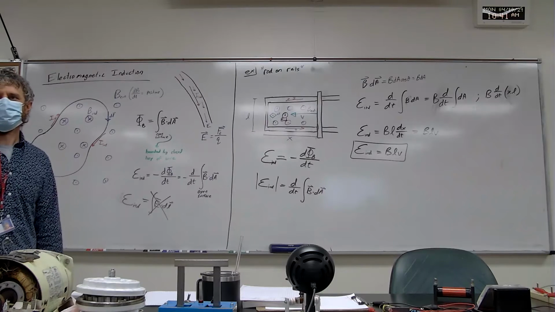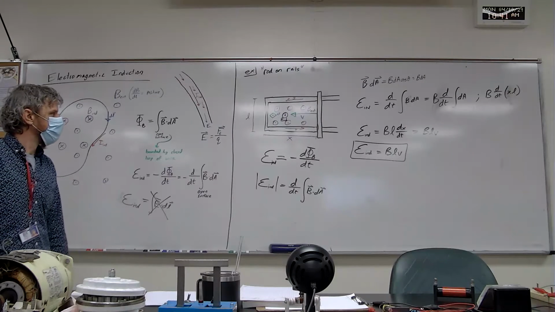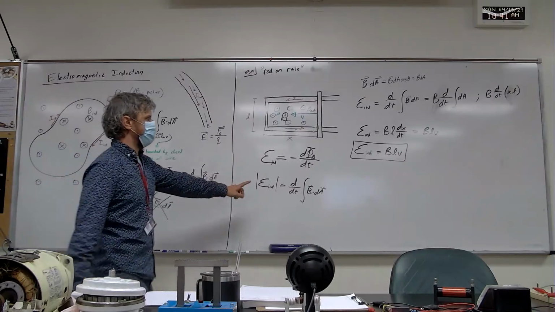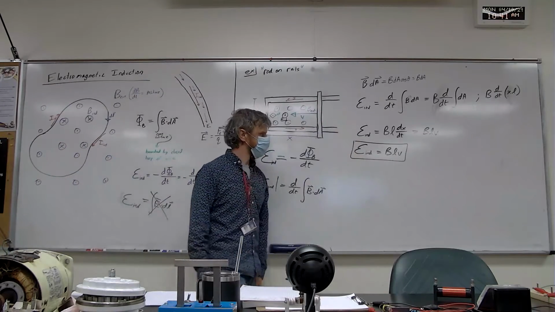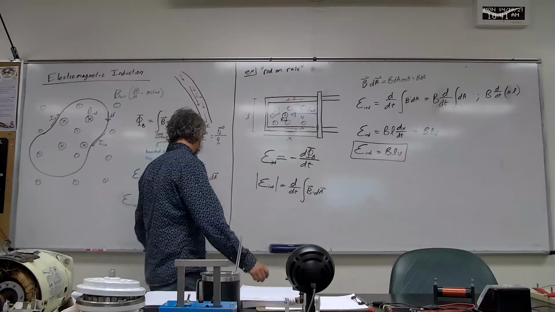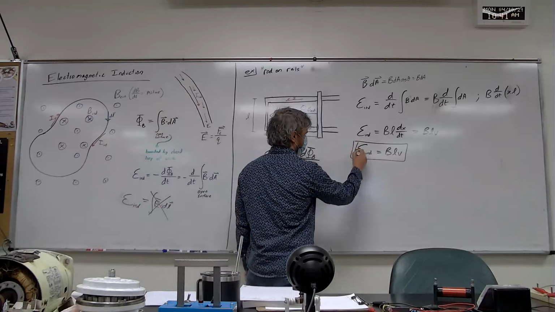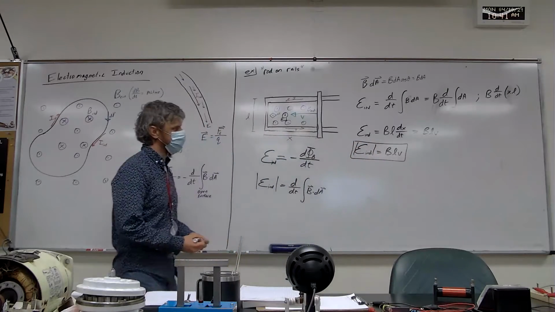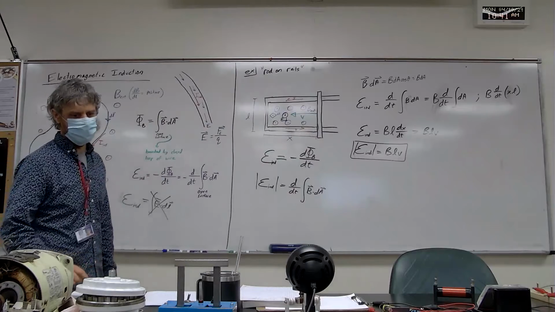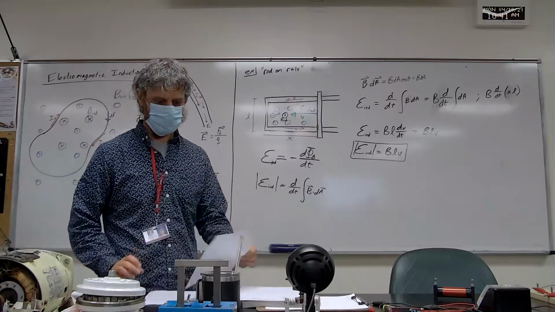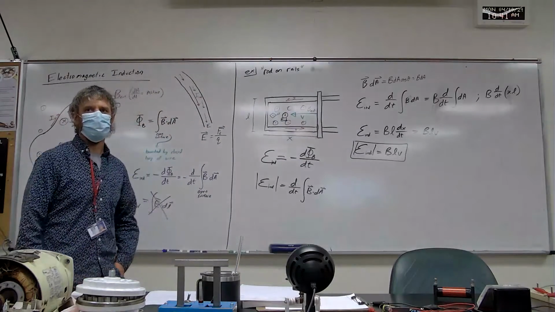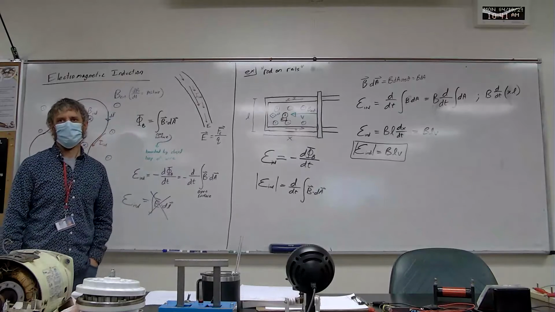Did we just get rid of the negative? Oh, it's absolute value. I was just talking about the magnitude. So technically, I should say the magnitude of the induced voltage is BLv. Well, that's why the negative is there though, right? Because if the flux is decreasing, then it's negative decreasing, so it'll be an increasing magnetic field.